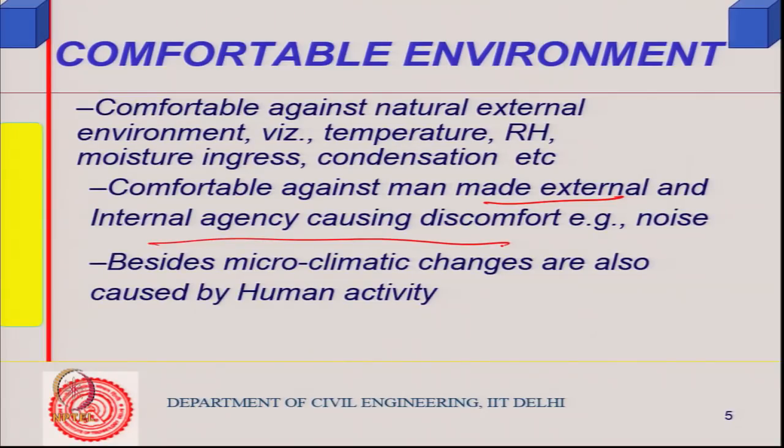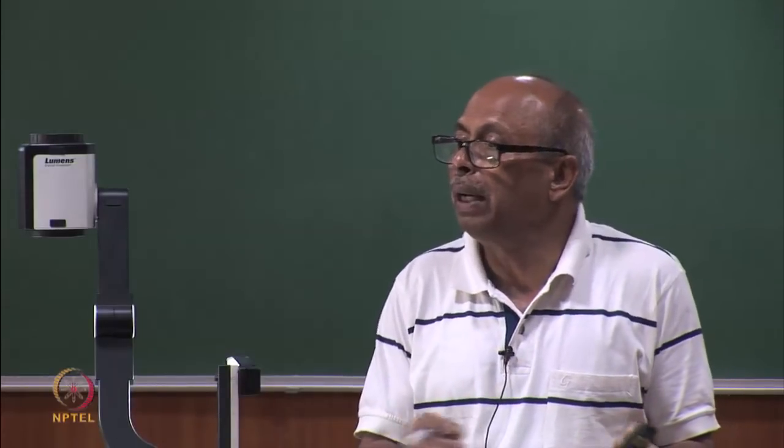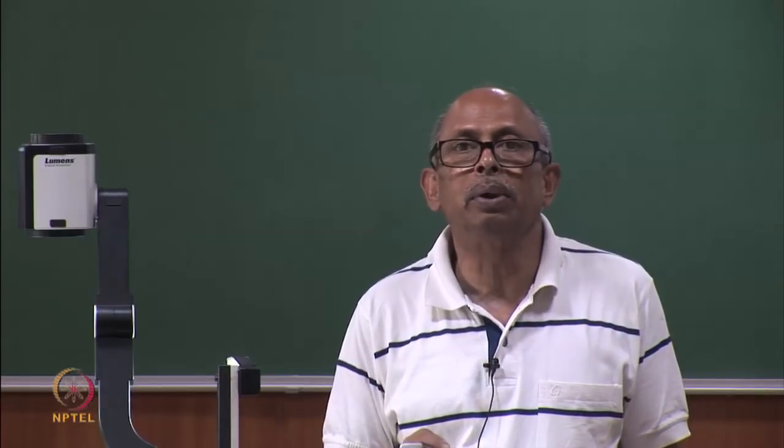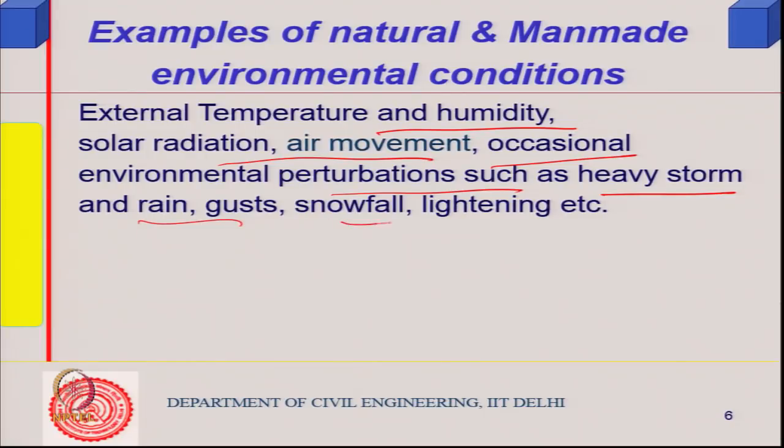For example, noise. Besides, microclimatic changes, I will tell you what microclimatic changes are. For example, when you change your human activity, a lot of buildings will change the thermal conditions surrounding the building. So, we will talk about that later on. So, examples, if I say external: temperature, humidity, solar radiation, occasional perturbations such as heavy storm, rain, gust, these are external.